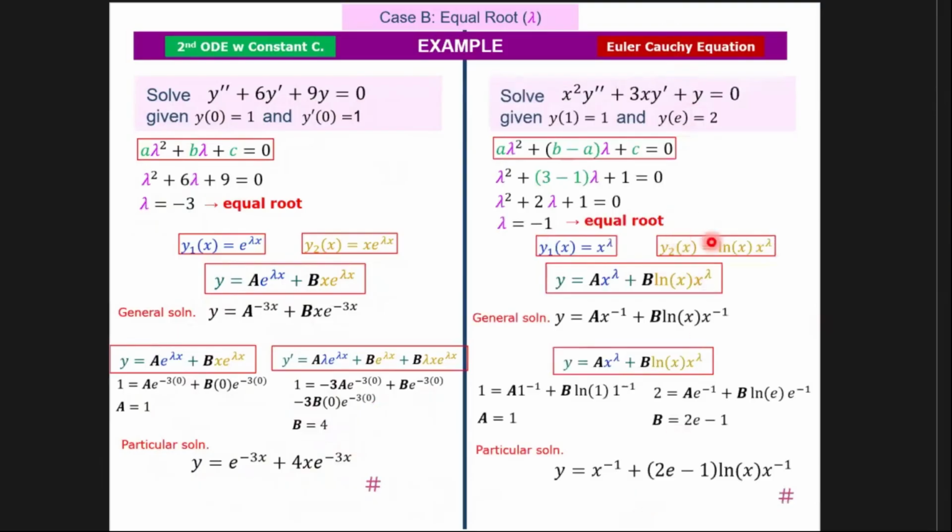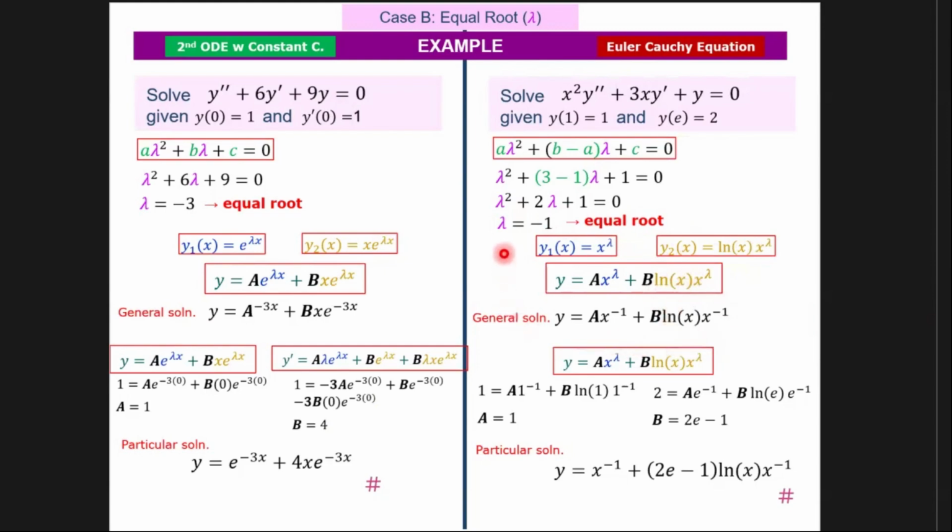Second example for the Euler-Cauchy equation. So a different characteristic equation is used here, where this is b minus a. So after getting lambda equal to -1, we know that these are equal roots. Equal roots means we have a different assumption for y2, whereby there is an additional ln x over here.